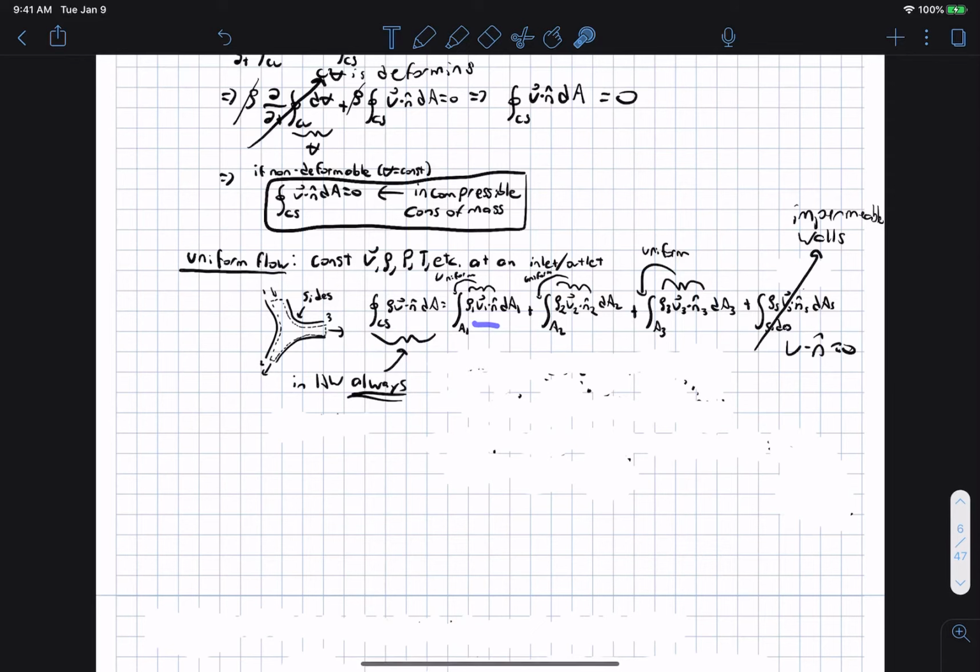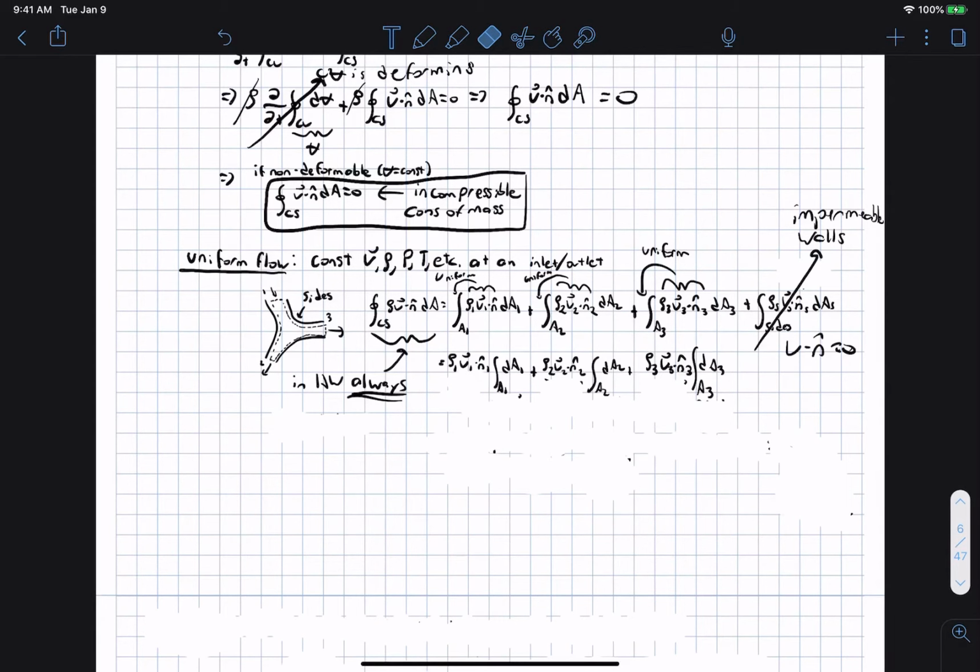I want you to show that you are arguing that the flow is uniform, therefore you can pull the quantities out of the area integral. Start from there, make your assumptions, and then apply them very rigorously.